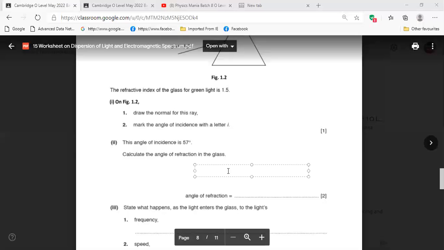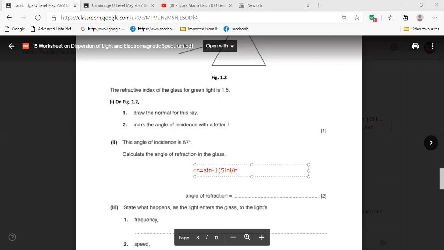r equals sine inverse, then sine i divided by n, right?